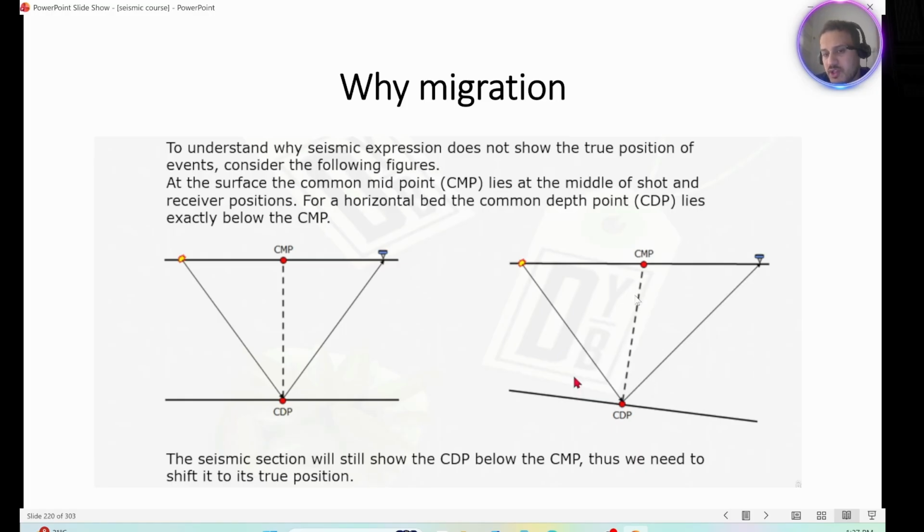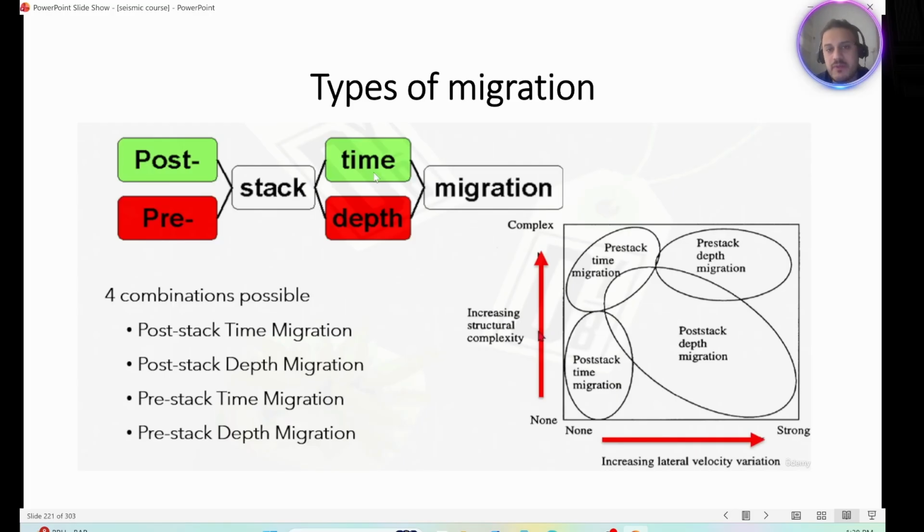The real reflections should be like this, with the angles. So that's why we need to do the migration, to shift these reflections back to their true geological subsurface layer.